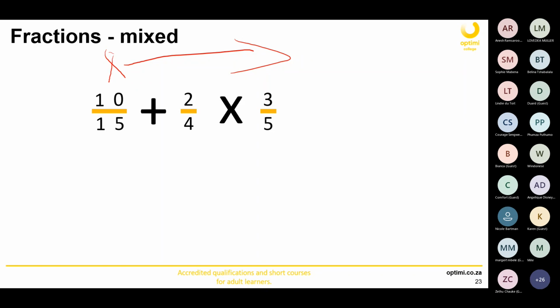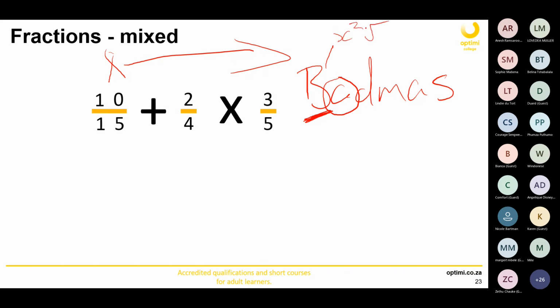Do not forget BODMAS. What does BODMAS say? I do my brackets first. Then I do my orders. Orders is powers and roots. Then I do my divide.